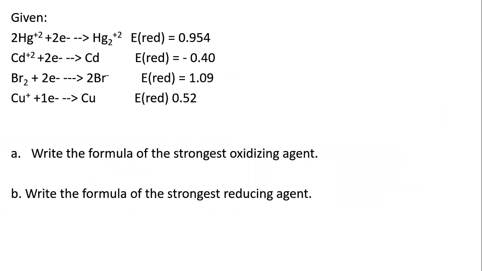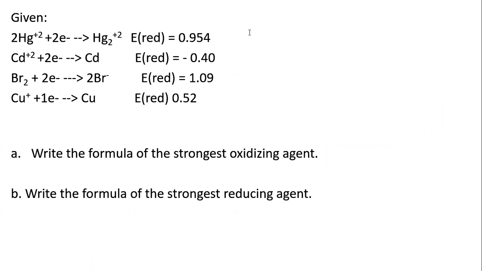So here we're given a list of reduction potentials, and we want to write the formula of the strongest oxidizing agent. So for strongest oxidizing agent, that means the species that is most likely or has the greatest ability to be reduced.